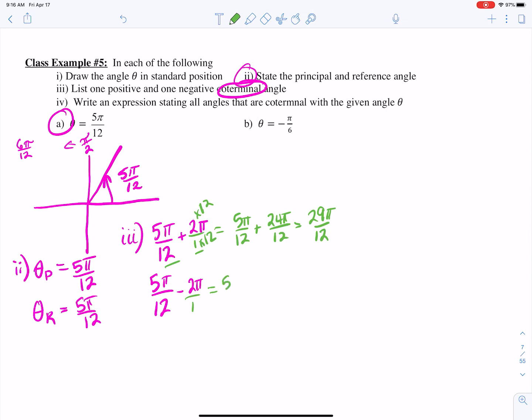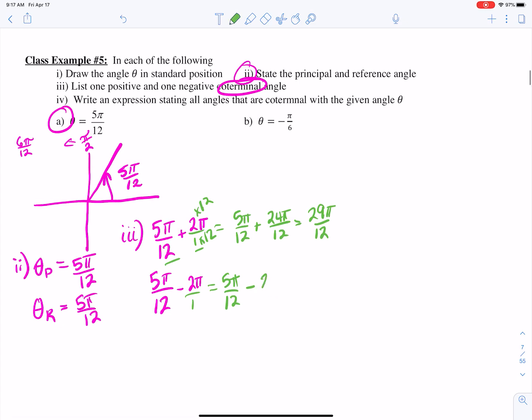I'm going to follow the same thing to find my negative, except I'm going to subtract the rotation. And that's going to give me negative 19 pi over 12. And the last question, this is a big one, it's asking, write an expression stating all angles that are coterminal with the given angle.